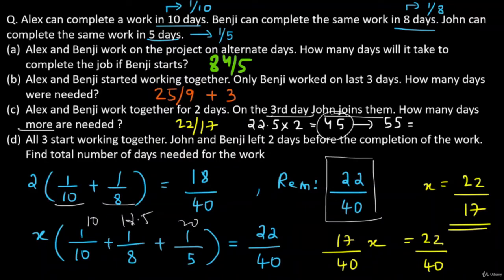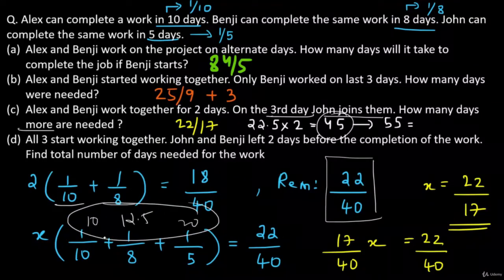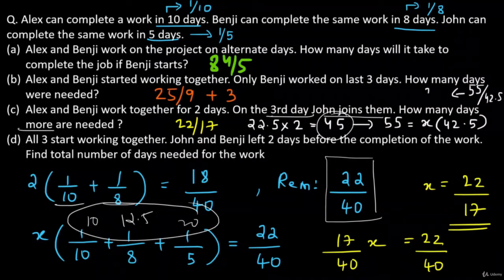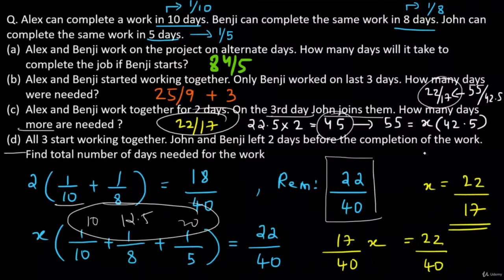So, on 1 day, they'll do 42.5% of work, right? So, in x days, they will do x into 42.5% of work. Therefore, x is equal to 55 by 42.5, which is the same as 22 by 17, which is the answer we got over here. Let's move on to part D of this question.